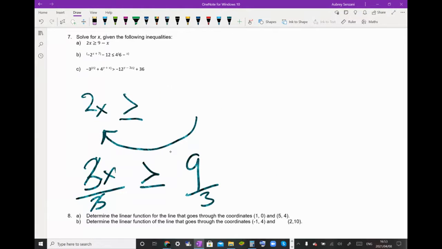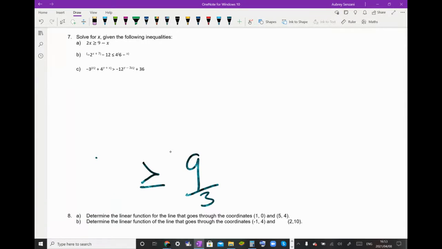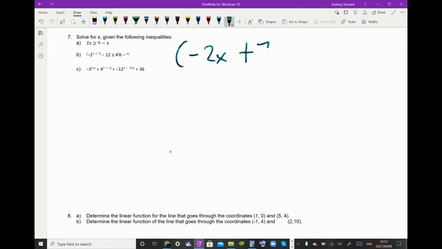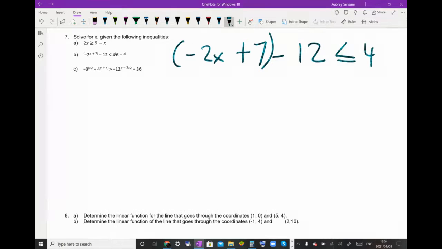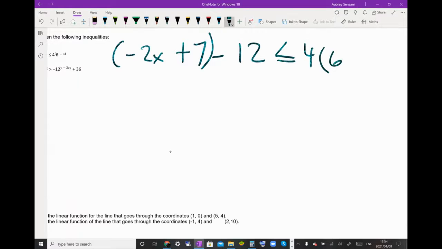Let's do the second last one. Okay, right. So here, what are we saying? This is what it should look like: negative 2x plus 7 minus 12, 4 in brackets, 6 negative x.